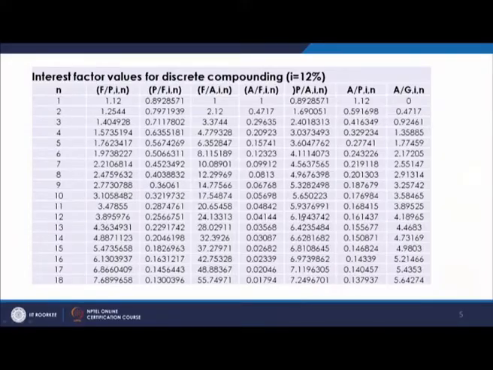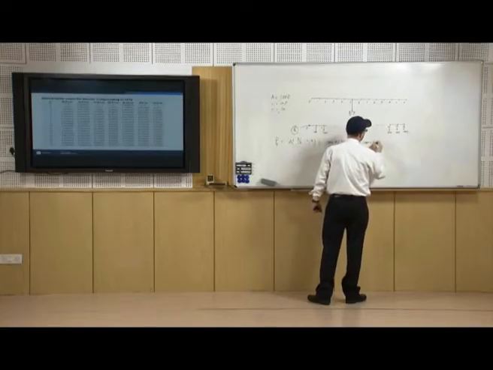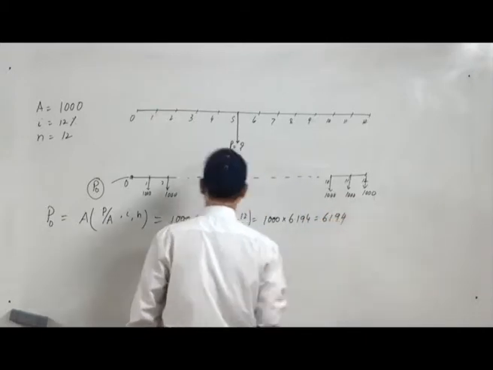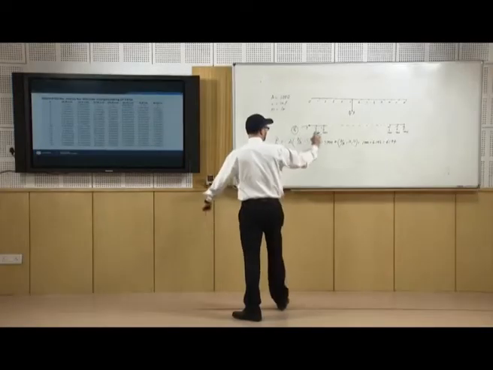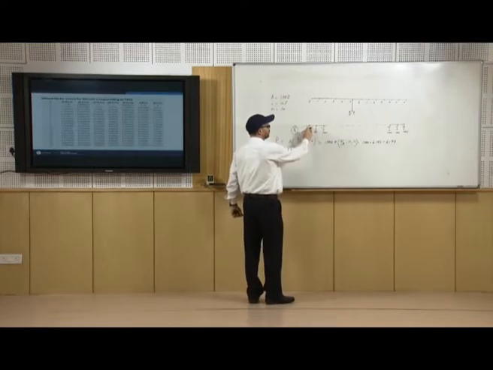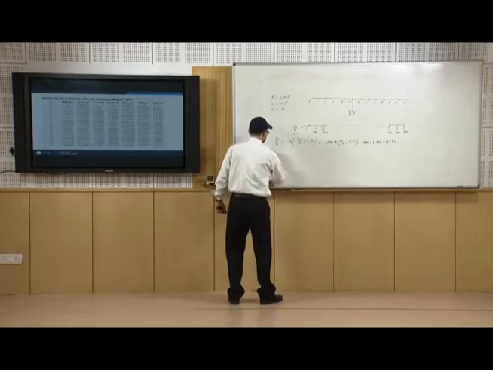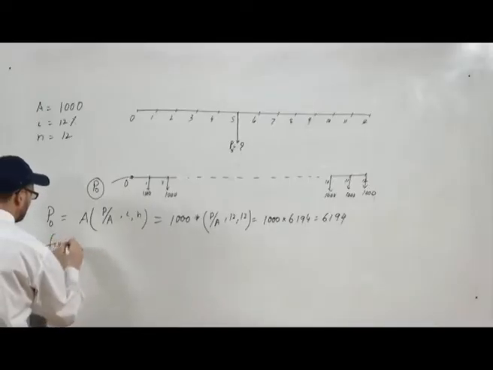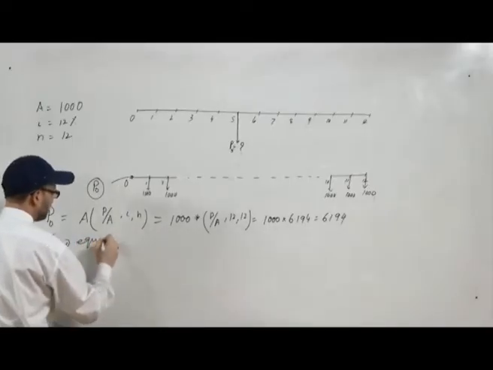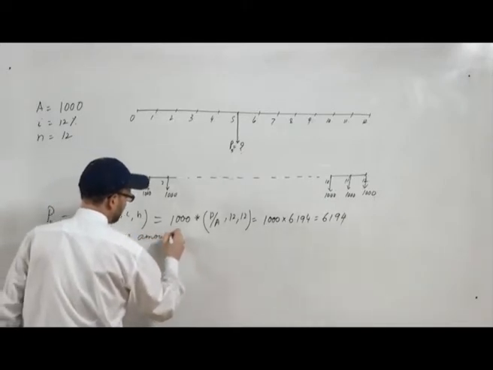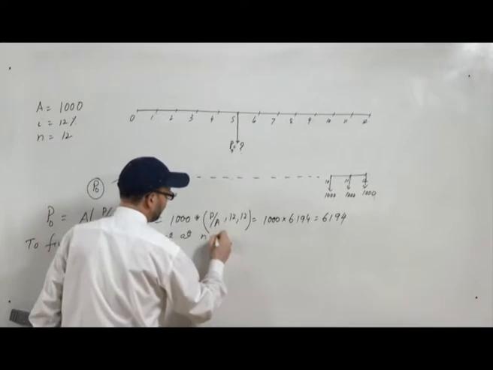So, 1000 times 6.194, that is 6194. Now, this amount is the equivalent amount at 0 time. We have to find the equivalent amount at n equal to 5.